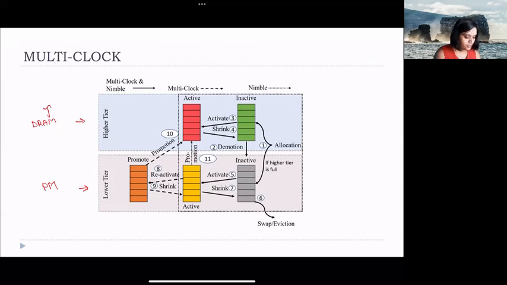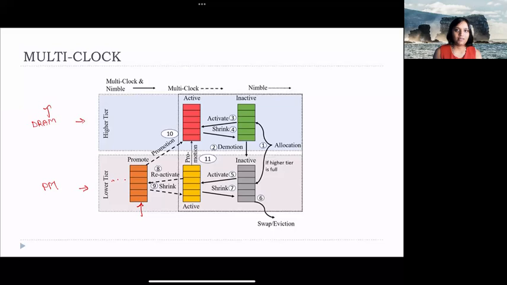The idea here is, what if we have another list, such as a promote list over here. When we are doing data movements, every time we scan, we look at the reference bit. If we see that the data is accessed, then we move it from inactive to active if we notice that it's accessed once.